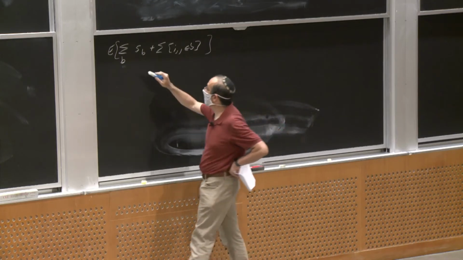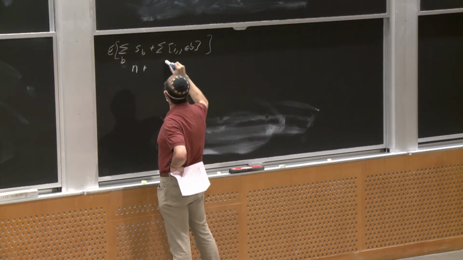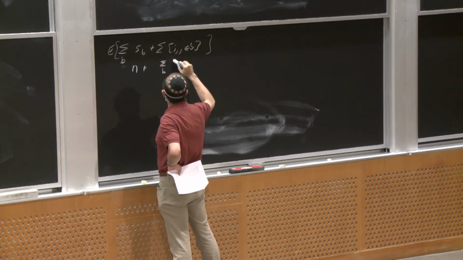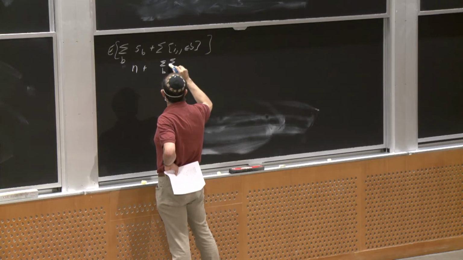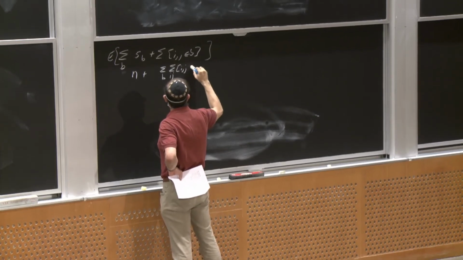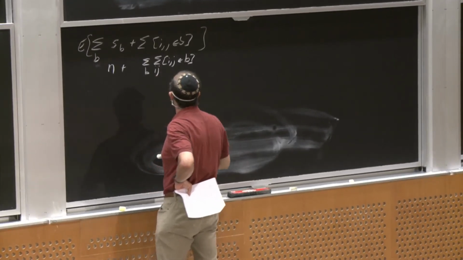It's n. And now, what's this quantity? The sum over all buckets of the sum over all pairs of items I and j of having I and j both in bucket B.